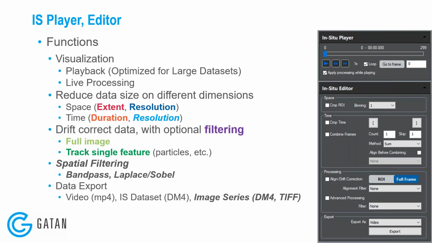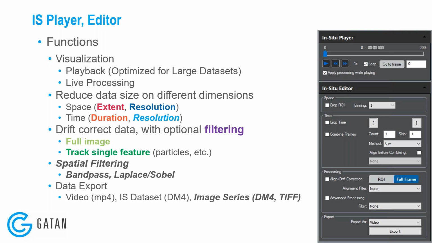We also, with the visualization, have live processing. So all of the processing that can be applied in this in-situ editor can be visualized live as you play back the data. We also, in the IS player, enable you to reduce the data size on several different dimensions.